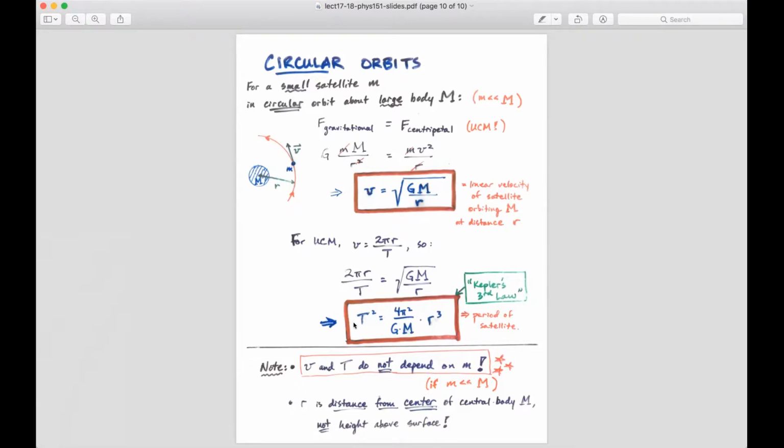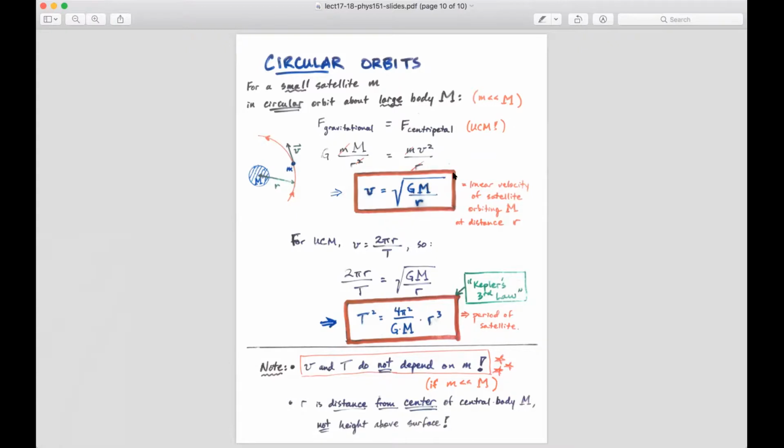Periods are often given in days or years, and you need to convert all those into seconds. And then distances, it might be in kilometers or light years or anything else, you need to convert into meters. And that way this equation will balance out and it'll work. Okay, and the same is true for this equation. Big G, again, is in MKS units.